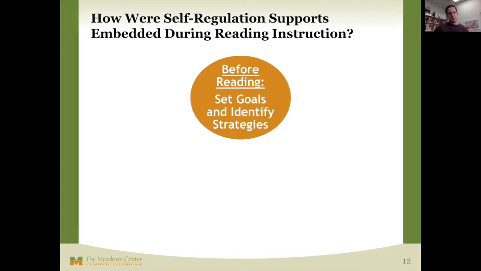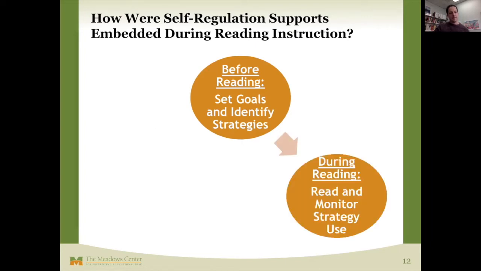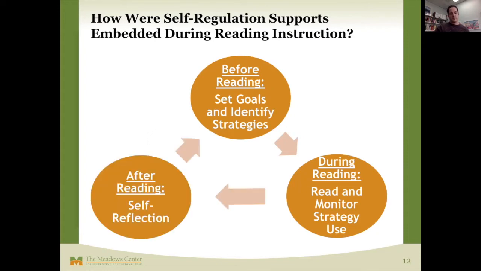You can think of this as a planning phase. And then next, students would read and monitor their strategy use as they read. And then after reading, there was the opportunity for them to self-reflect about what they learned from the text and the strategies that they employed. And then that self-reflection would inform their goal setting and strategy use for next time.